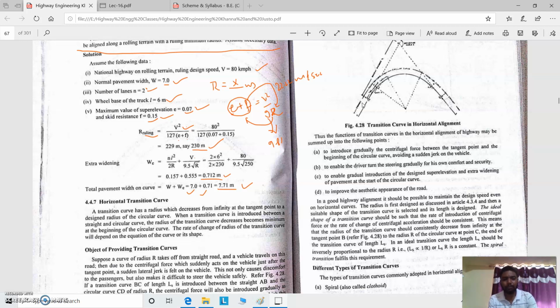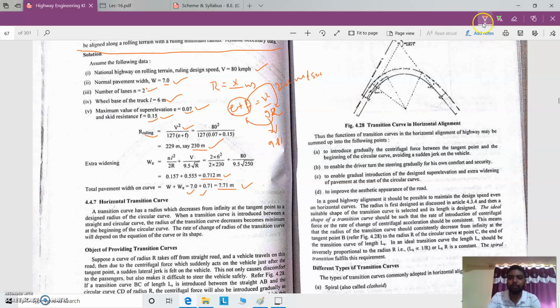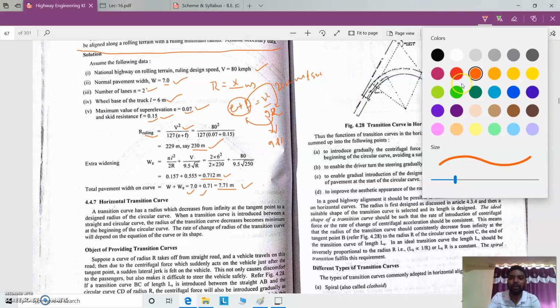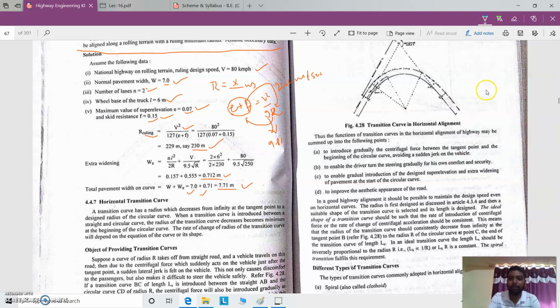Suppose a curve of radius r takes off. Let us take an example over here.